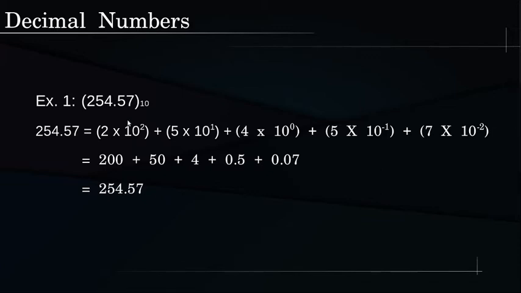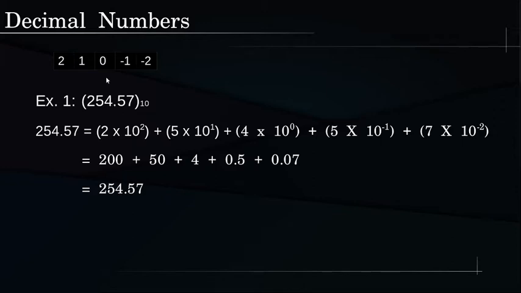Here a number is given: 254.57. We can express this number in this place value method. In order to express this number in this place value method, first of all we have to find the place value of each digit. For integer part, we start counting from right to left and start counting from 0.